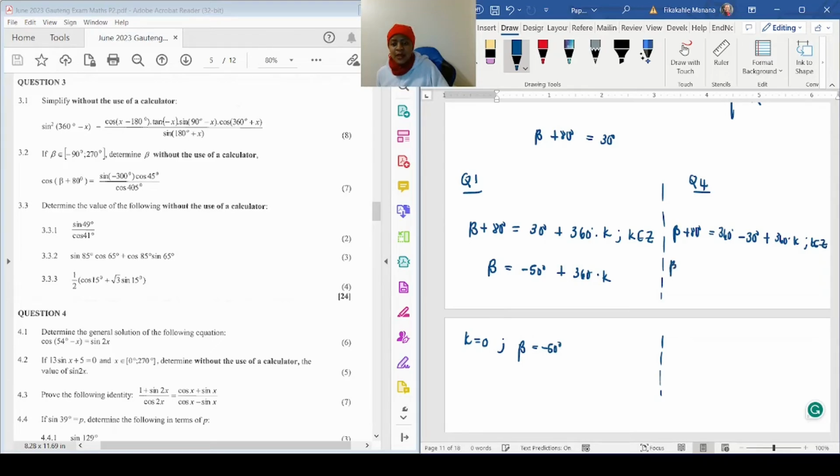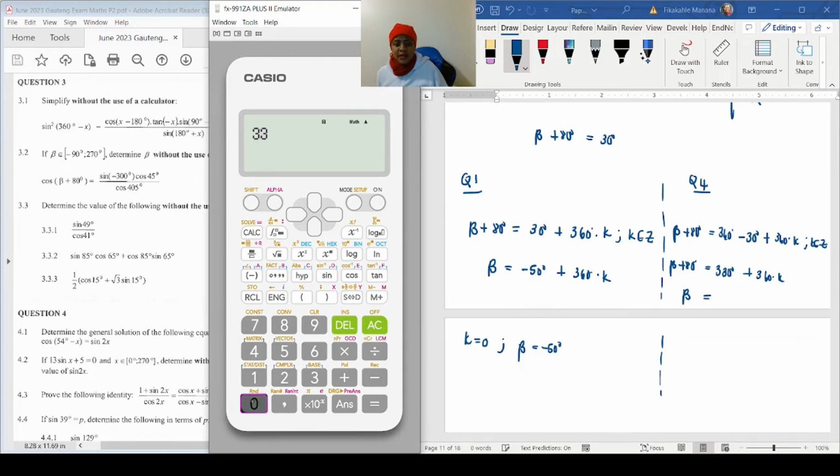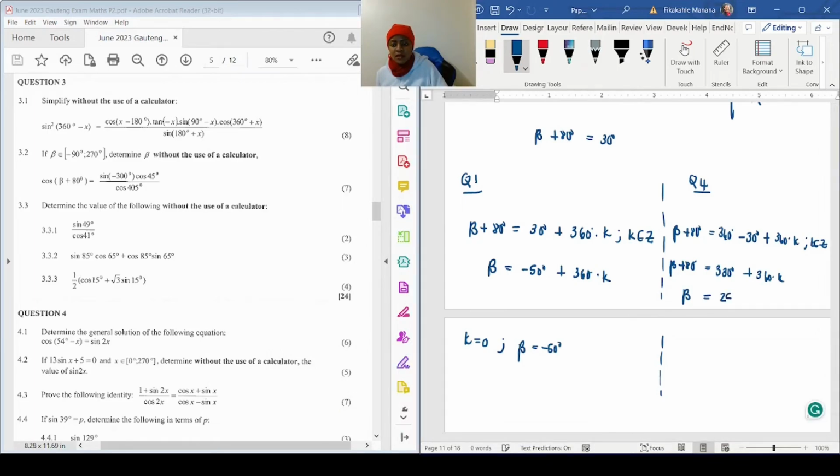All right, so I have beta plus 80 equals 360 minus 30, which is 330, plus 360 times k. And now beta would be 330 minus 80, which is 250. Okay, so beta is 250 plus 360 times k.